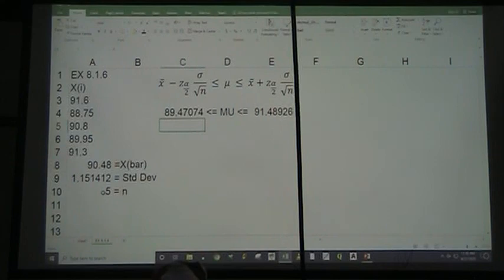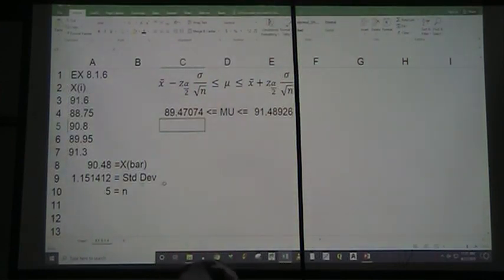All right, so we have calculated the lower confidence level and the upper confidence level of the mean for this problem.